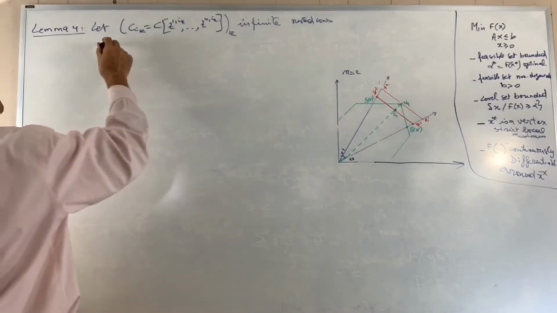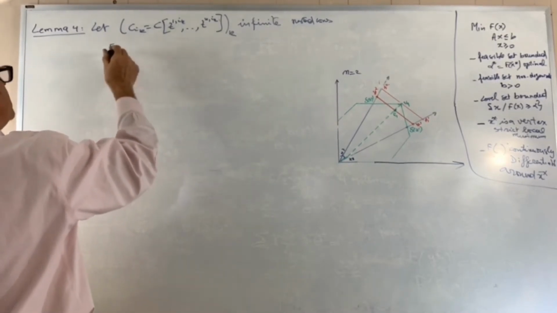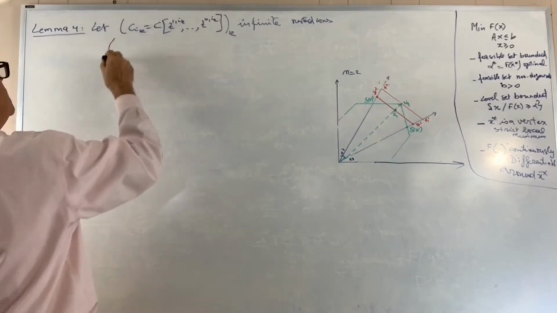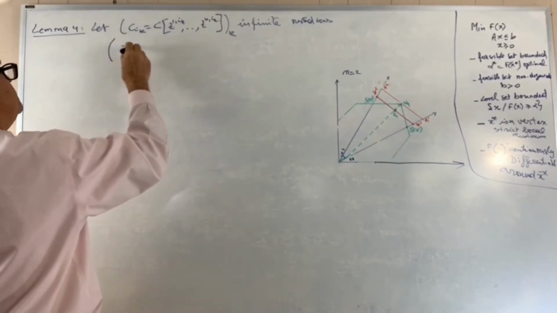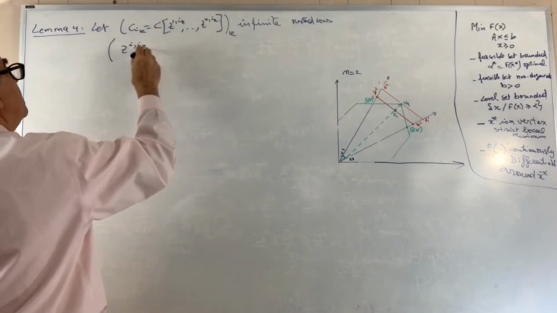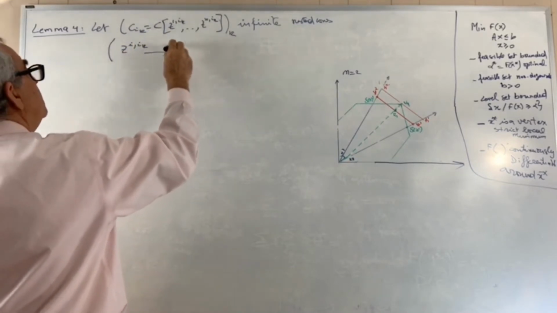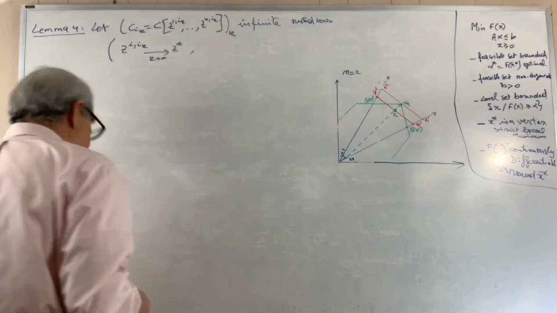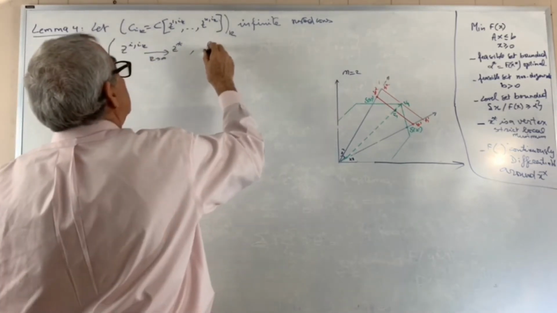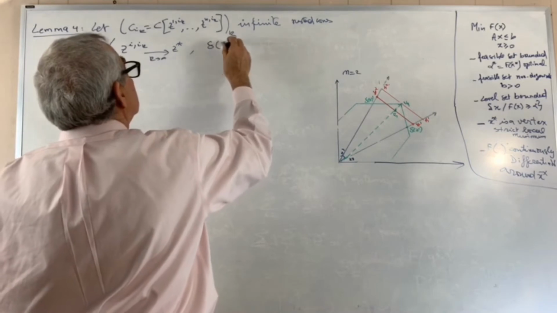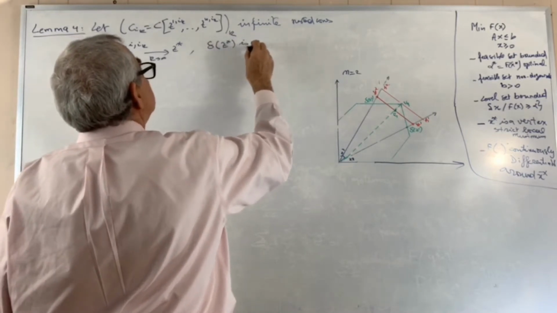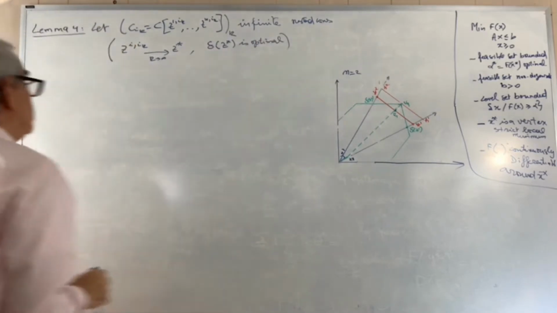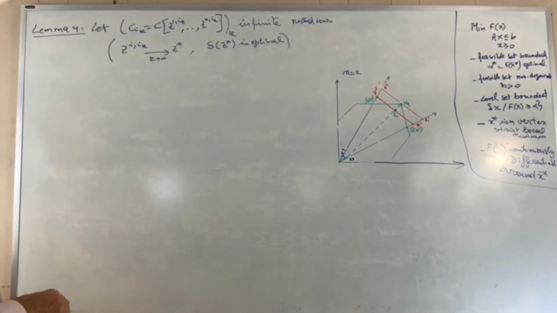So from the previous result, we know that z_iq, z_ik converges to z star, and also delta of z star is optimal. That's from the previous theorems.